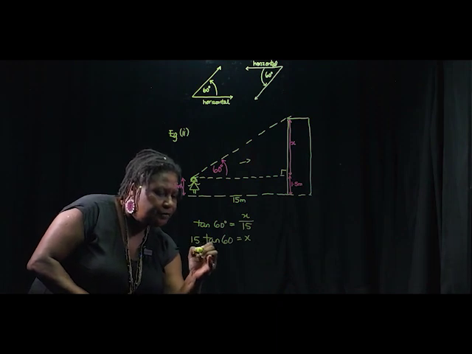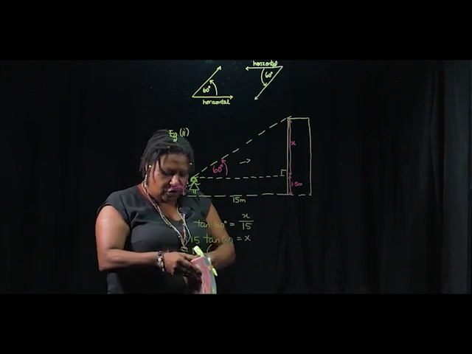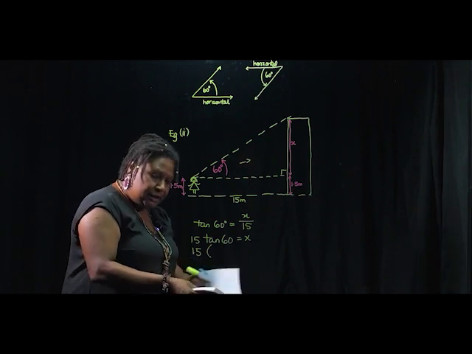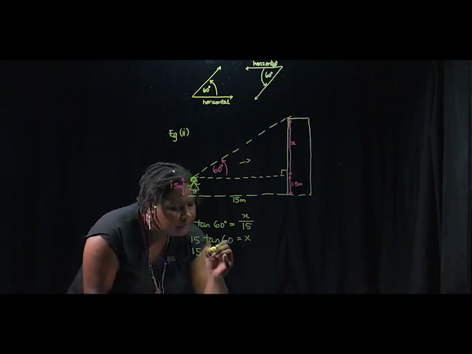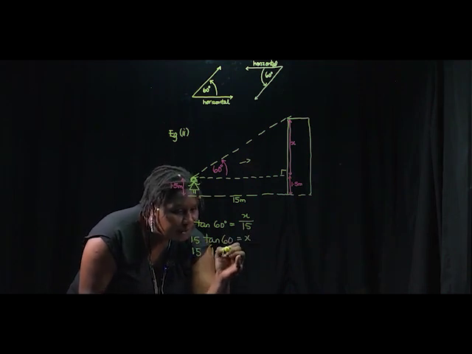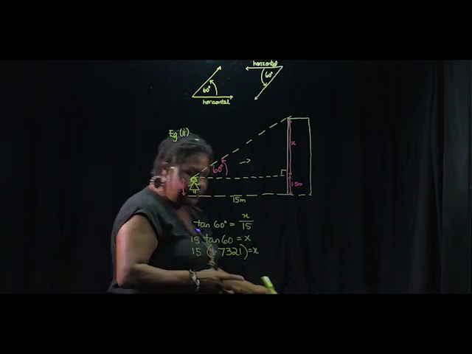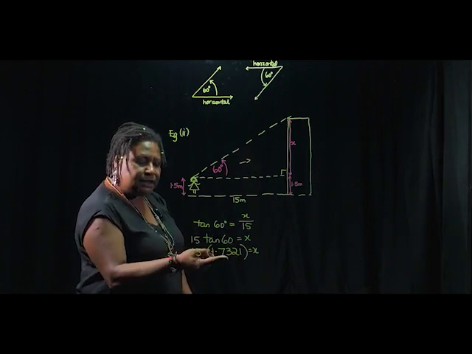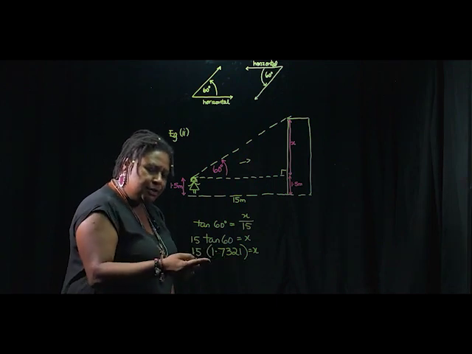Check the tangent column and see the tangent value of 60 degrees. According to our tables, that value is 1.7321. We are multiplying here, so be careful.